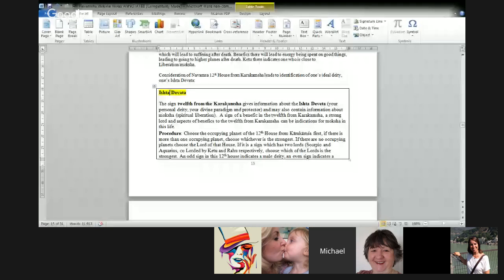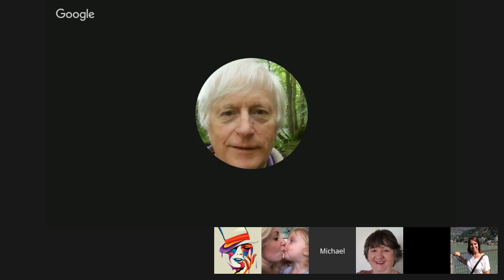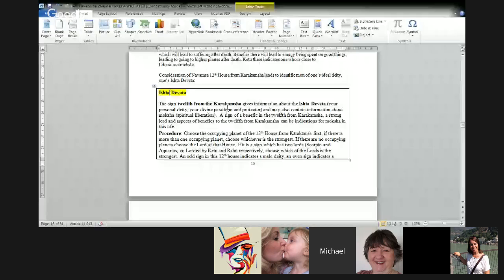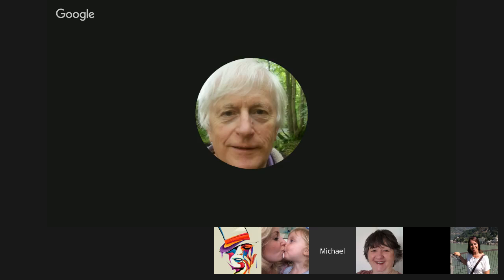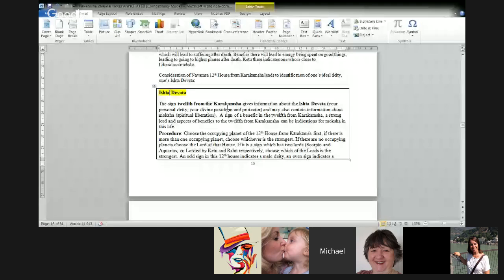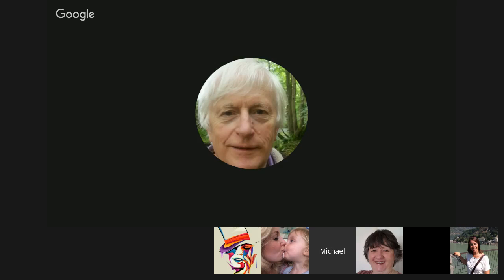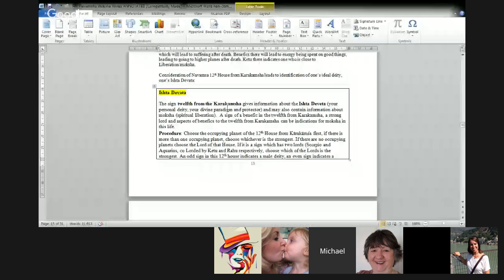Not everyone agrees with it, and there are disagreements about how you interpret it, and it can be used horrifically, legalistically, and formulaically. You can go online and calculate your Ishtadevata in a very legalistic way. But you see, the 12th house from the Karakamsha is all about your spiritual liberation, how you will find moksha or salvation.